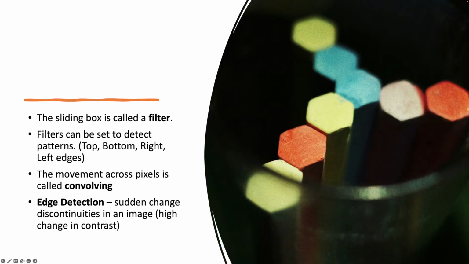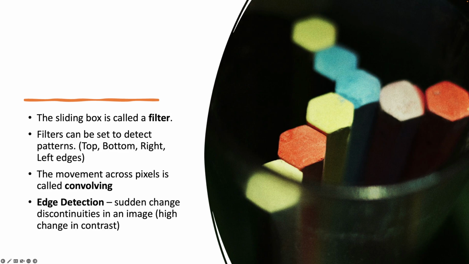So the green sliding box that you saw was called a filter. We didn't really look at any values inside it. We just showed the concept of sliding it, or convolving it. A filter can be set to detect any sort of pattern, such as a top edge or bottom edge or a left edge or a diagonal line or an X or whatever.